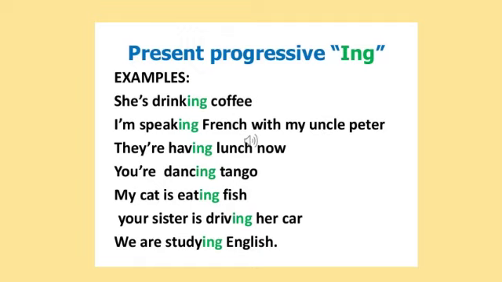Your sister is driving her car. We are studying English. See, ing is there in every sentence. Ing represents progressive or continuous form.